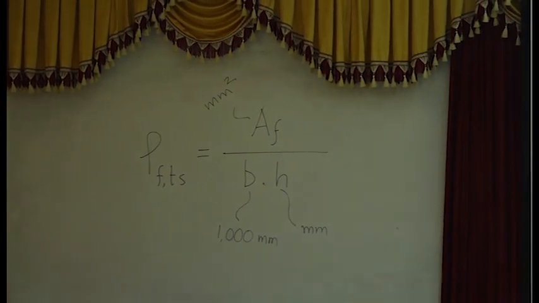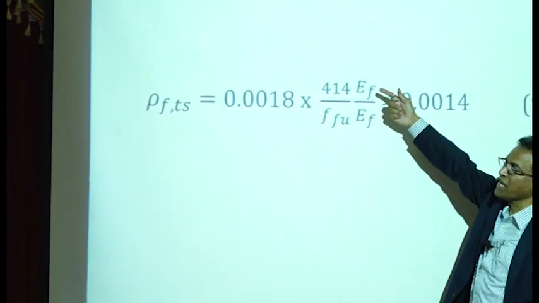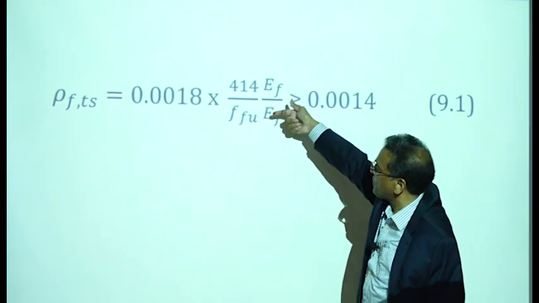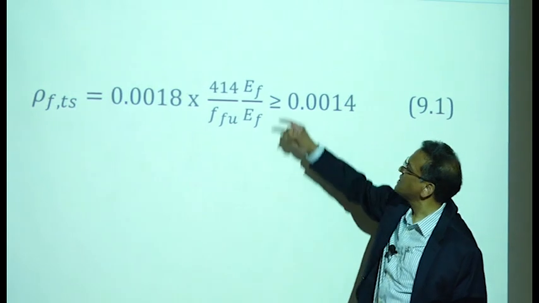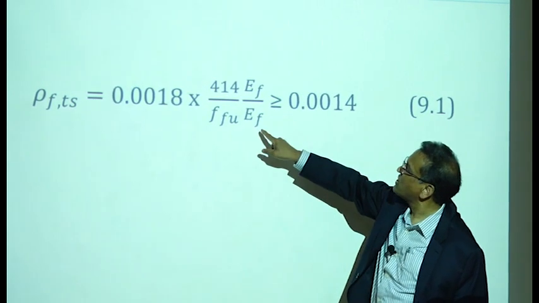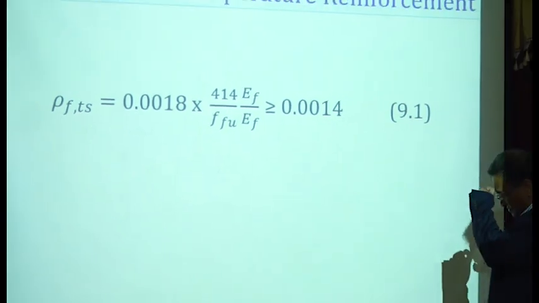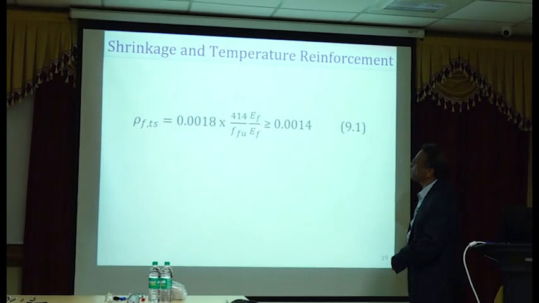That equals 414, the reference strength for Fe 415, over f_fu, which can be in MPa, times E, sorry, this one should be E_s over E_f.